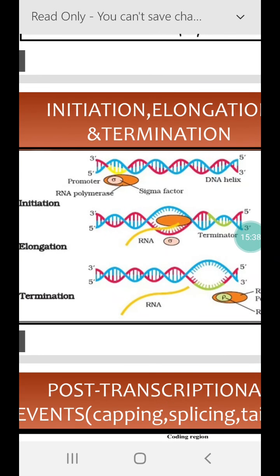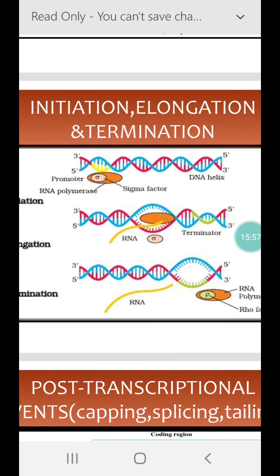Mainly this process of transcription undergoes three steps or stages. First is initiation. During transcription, the enzyme RNA polymerase binds to the promoter site and brings about initiation of the process.